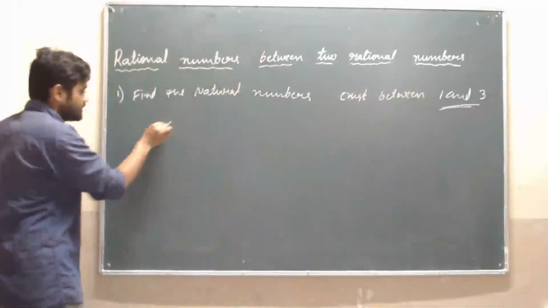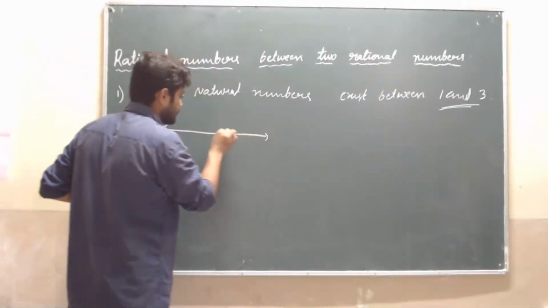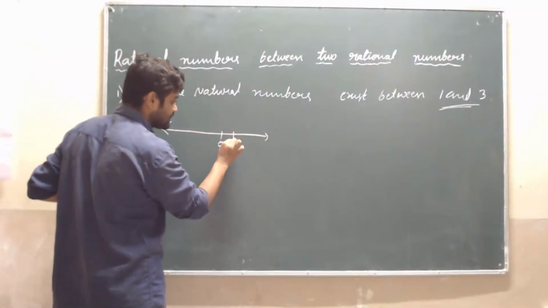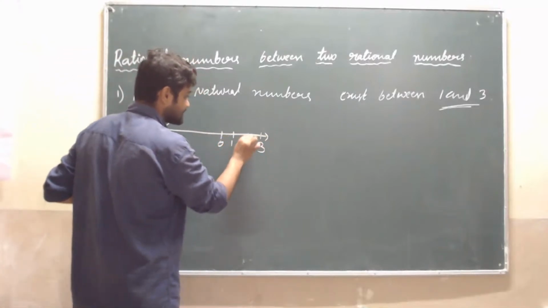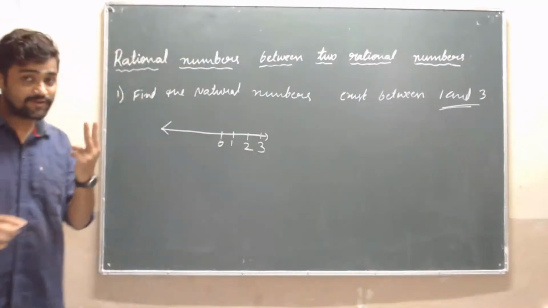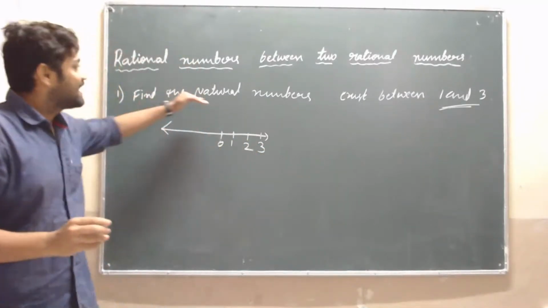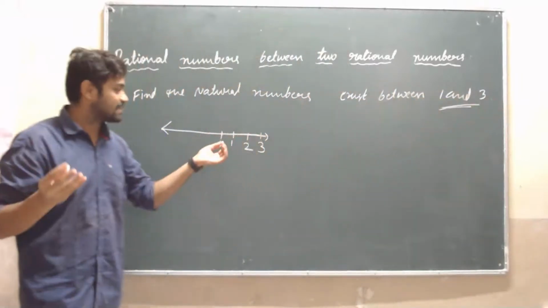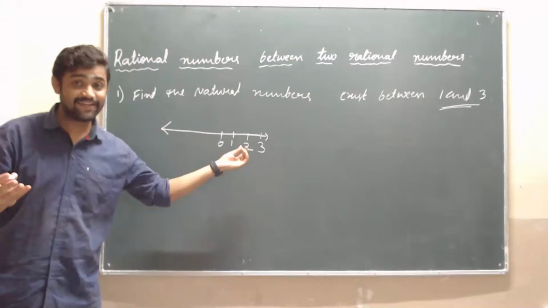We know this is the number line. Here are the negative numbers and here the positive numbers. 1 is here and 3 is here, and here is 2. But we have to find the natural numbers between 1 and 3. That is simple, that is 2.